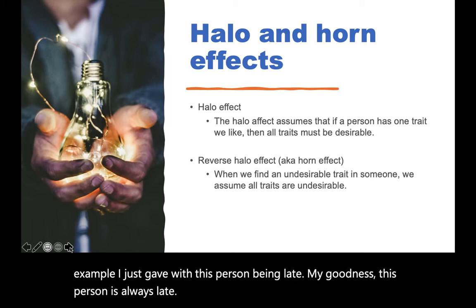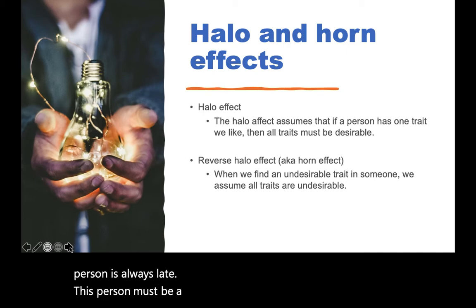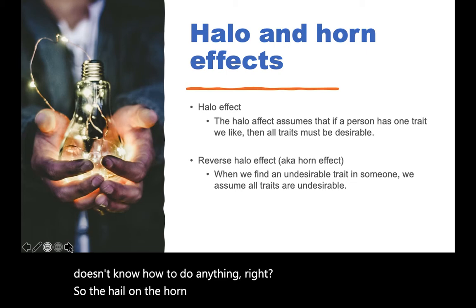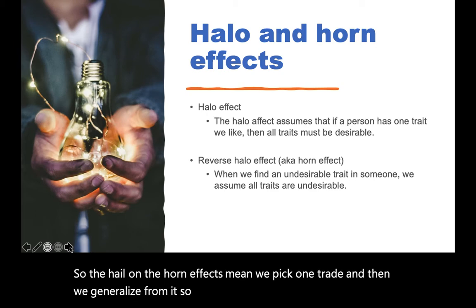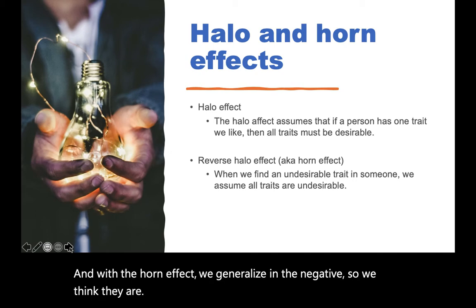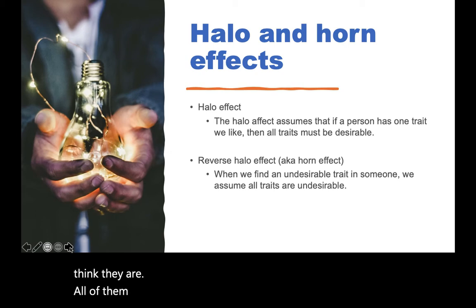This person must be a terrible, lazy person that is incompetent, that doesn't know how to do anything right? So the halo and the horn effects mean we pick one trait and then we generalize from it. So the halo effect, we generalize in the positive, and with the horn effect, we generalize in the negative. So we think they are all of them a desirable person or undesirable.